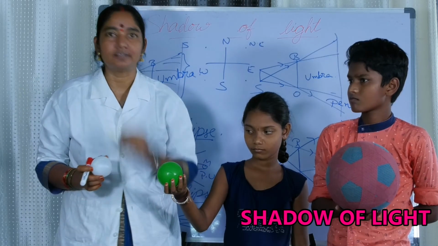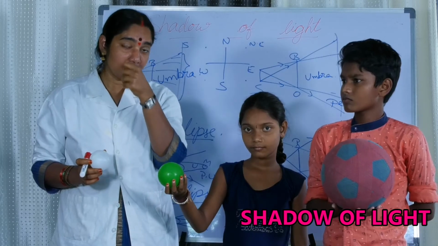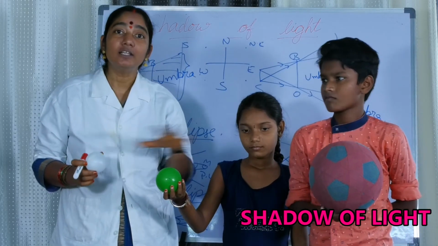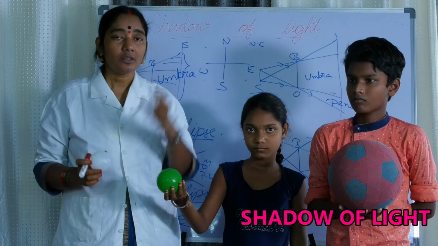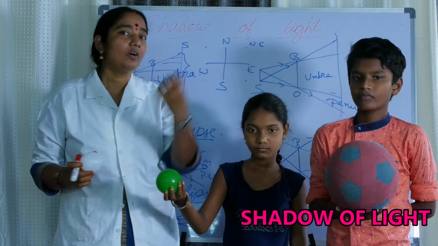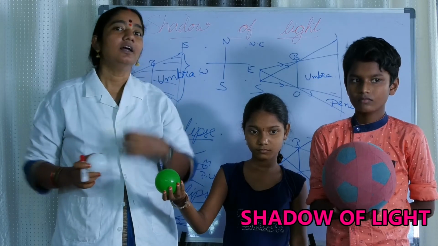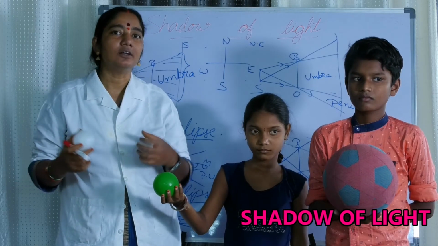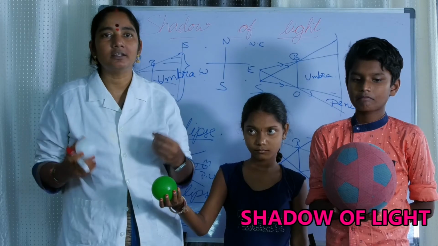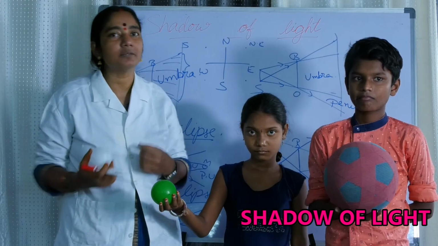So, my dear friends, especially during the time of an eclipse, along with the normal rays which reach the earth, even the other powerful rays, the ultraviolet and different rays, will be passing into the earth's atmosphere.